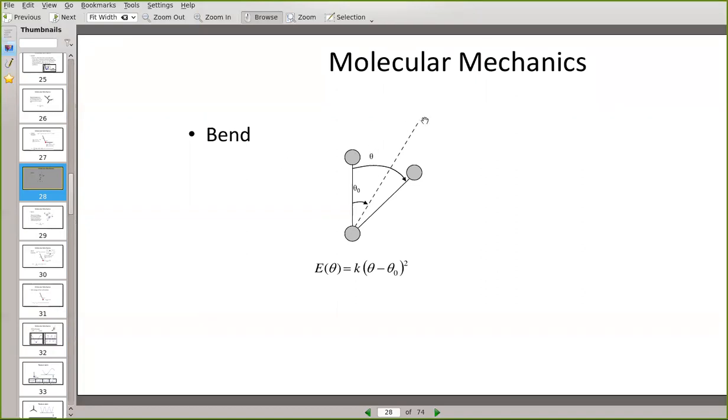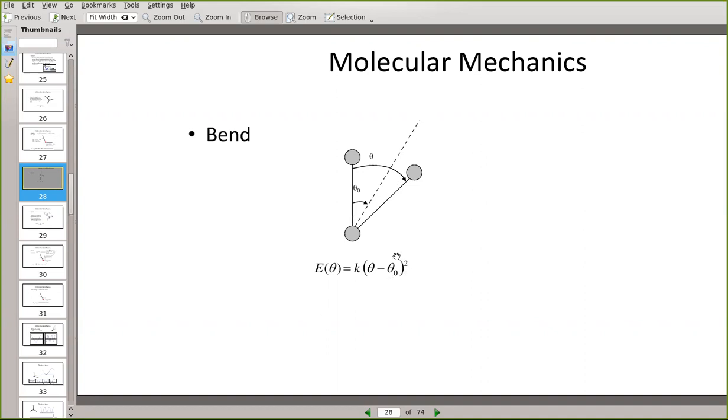Again, for 3 atoms, for instance, if you've got a tetrahedral carbon atom, take methane, CH4, the angle HCH should be 109 degrees. In a molecule, if it's not 109 degrees, we've got to add an energy term that will force it, in the low energy case, to go back to 109 degrees.